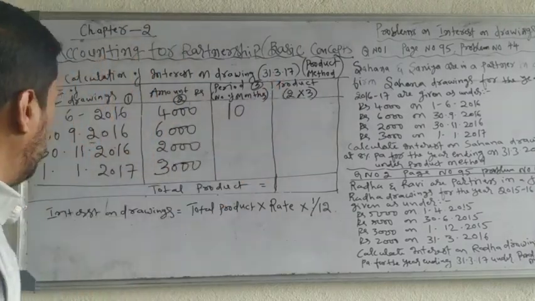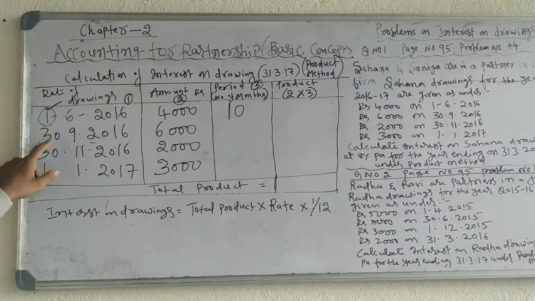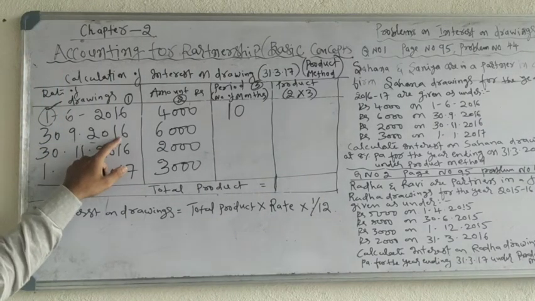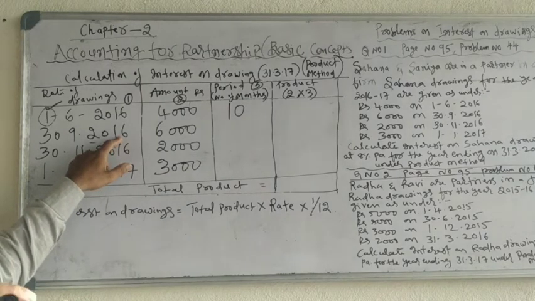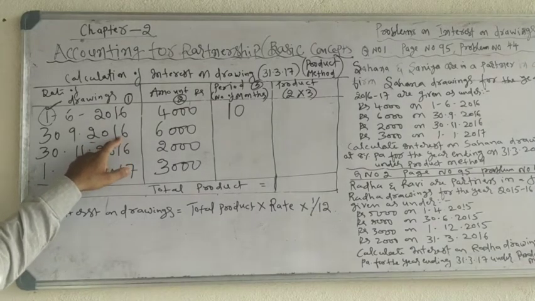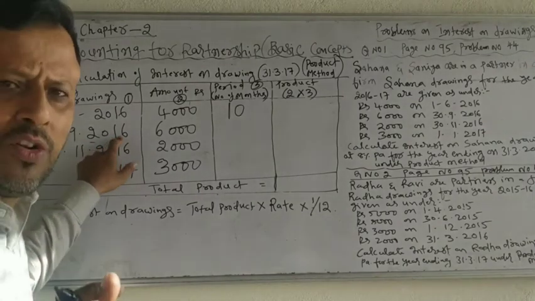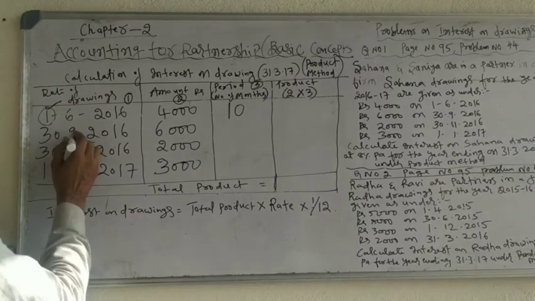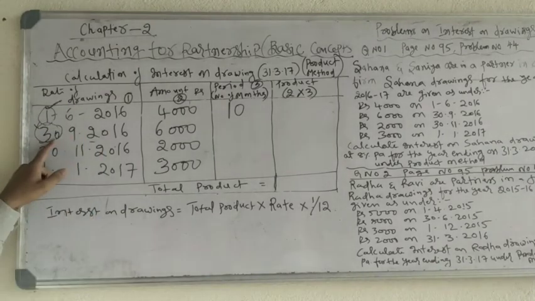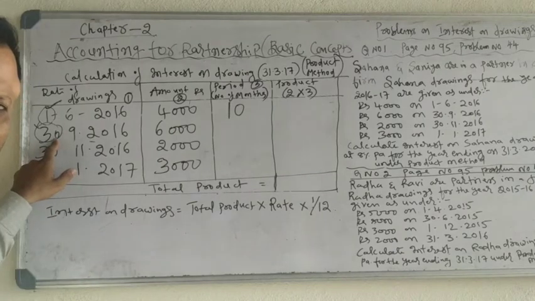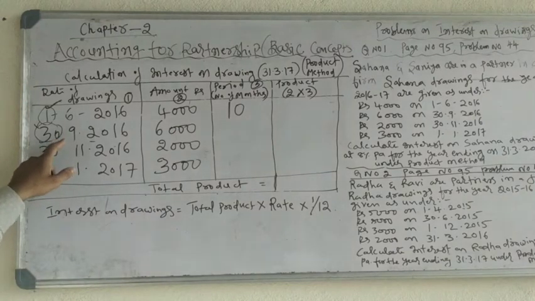Go to the second one. The second drawing is made on 30/9/2016. September 30, she has withdrawn money, so she does not pay September interest on drawings. When it is the last day of the month, ignore that month and count from the next month.